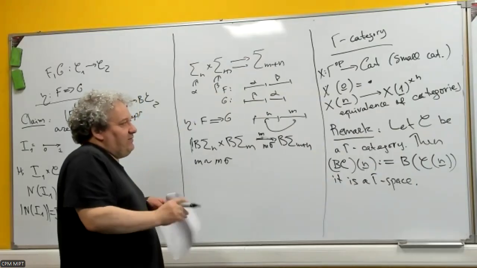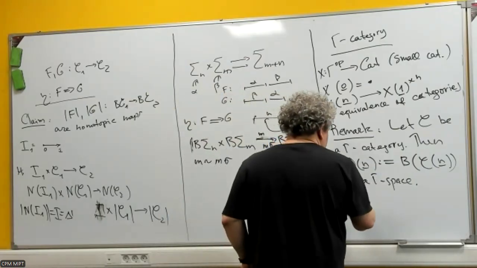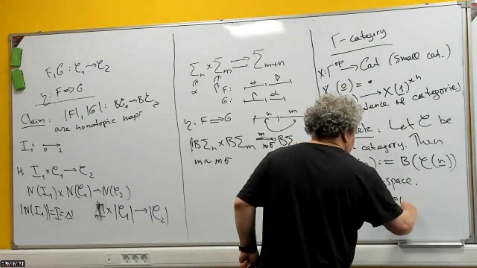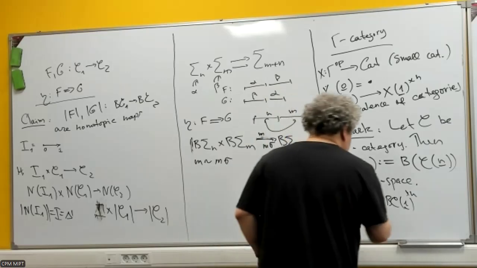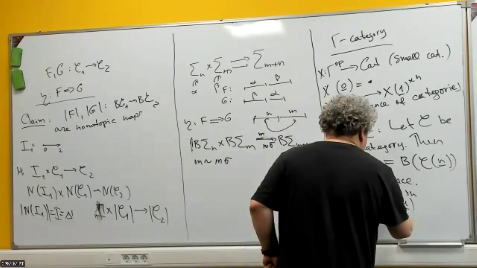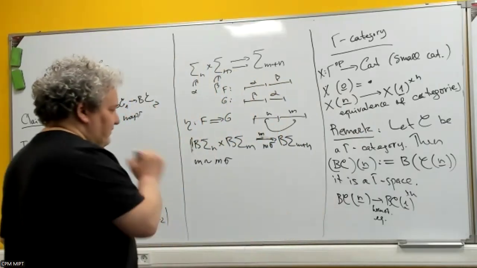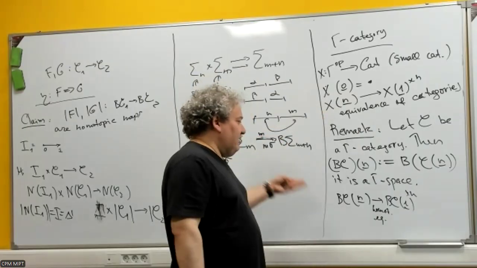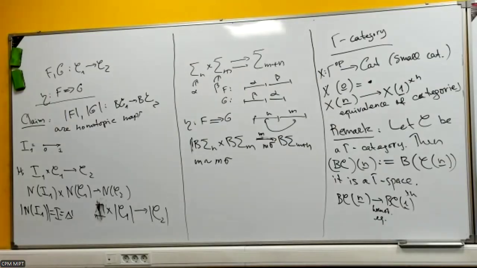So first of all, we have to check that the map BC of n to BC of 1 to the power n is a homotopy equivalence, and then we deduce it from the fact that this map is an equivalence of categories. I think I can skip details here because we already stated everything.